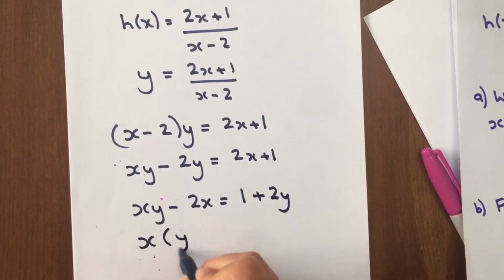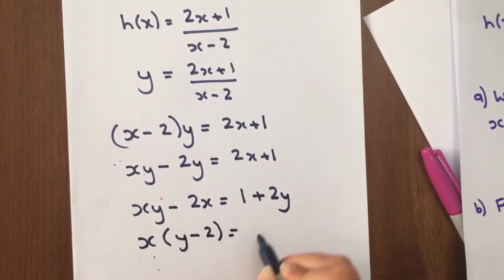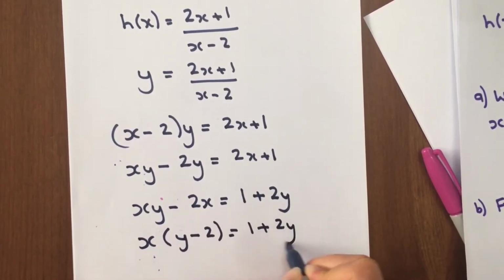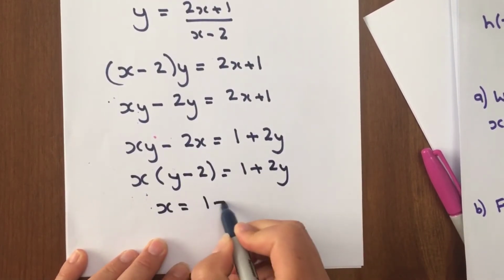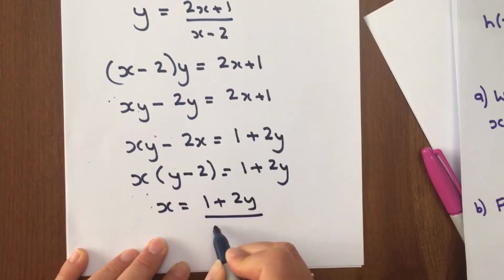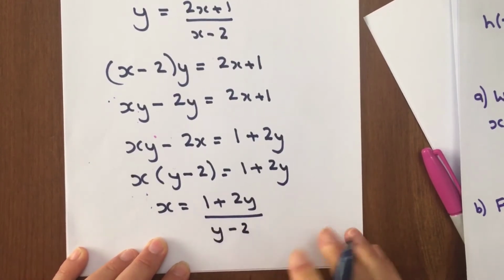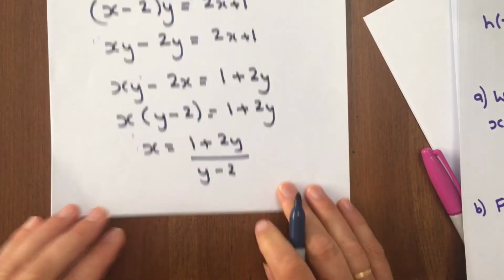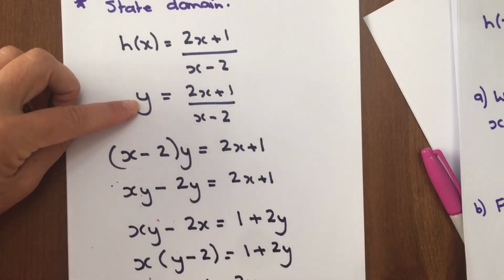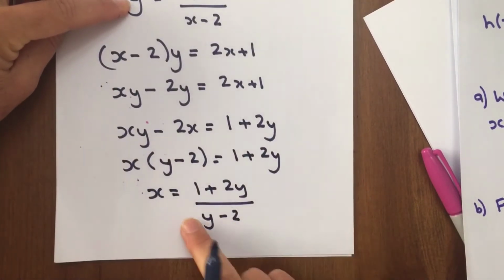So now I'm going to factorize to take out my x. And now I'm going to take everything that's not x to the other side. So I've now rearranged. I've gone from y equals to x equals.